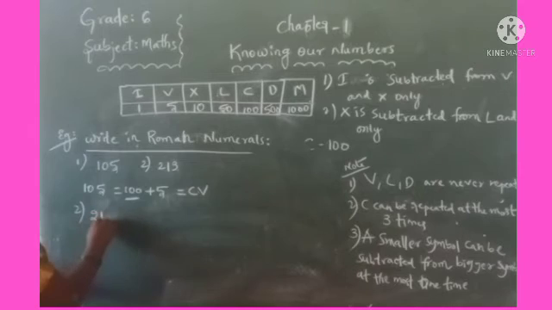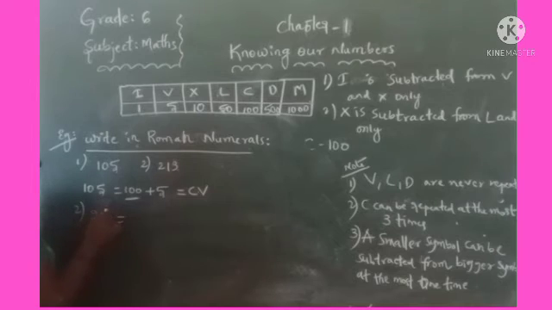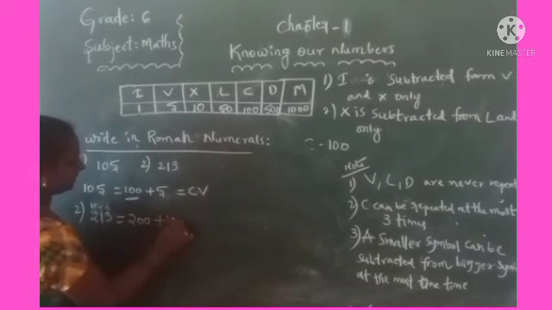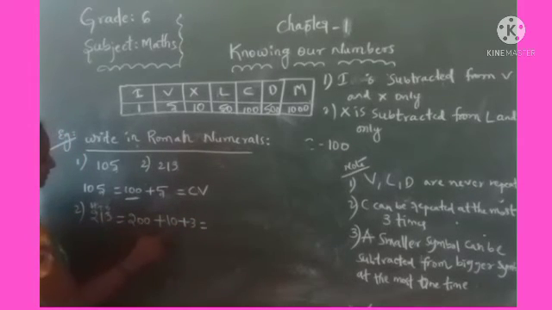Similarly, for the second one, 213. How can we write this one? How to expand this one? So see here, 3's place value is ones, 1's place value is tens, and 2's place value is hundreds. That means we can expand this as 200 plus 10 plus 3, 213.